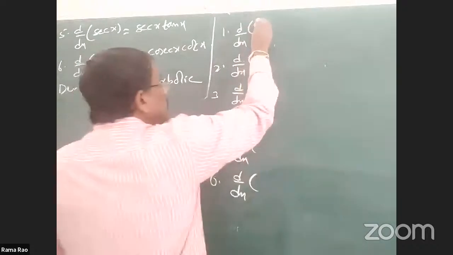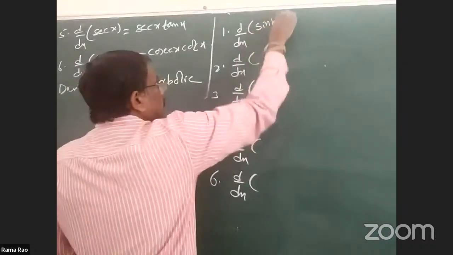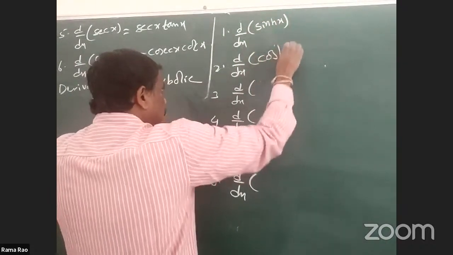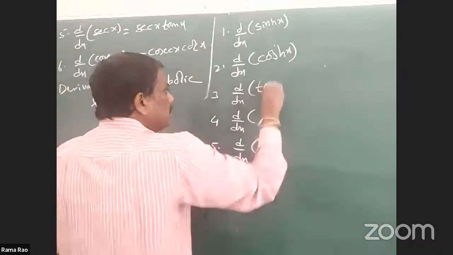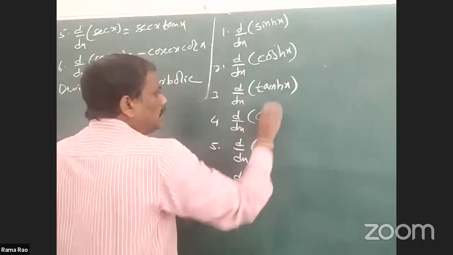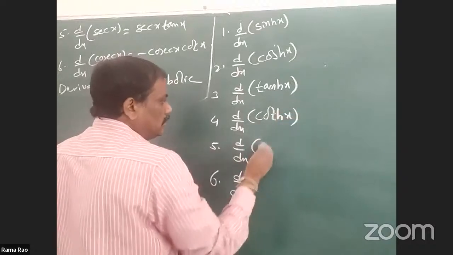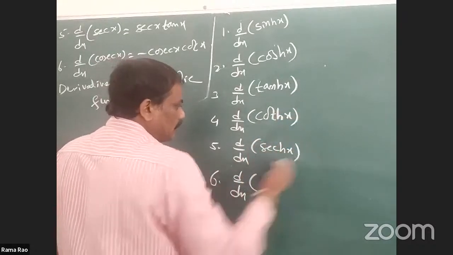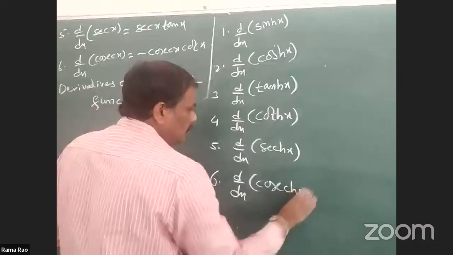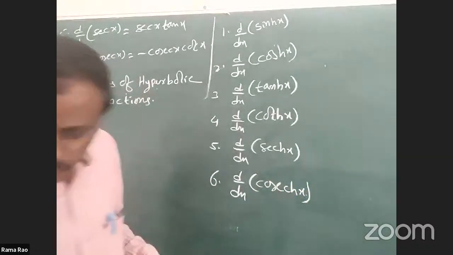Very, very important one. Sinh x, cosh x, tanh x, coth x, sech x, cosech x. These are called hyperbolic functions.